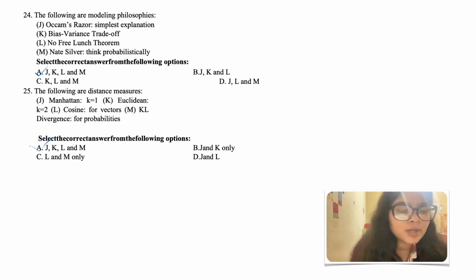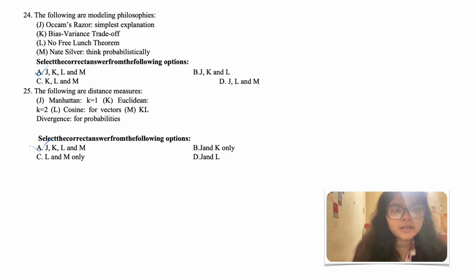Bias variance trade-off means in a model there has to be low variance and low bias. If a model is overfitted, there will be high variance. It will not do well on unseen data. If a model is underfitted, then it will have high bias. It will not perform well on seen data as well as unseen data, that is the test data and the training data. Nate Silver, think probabilistic.